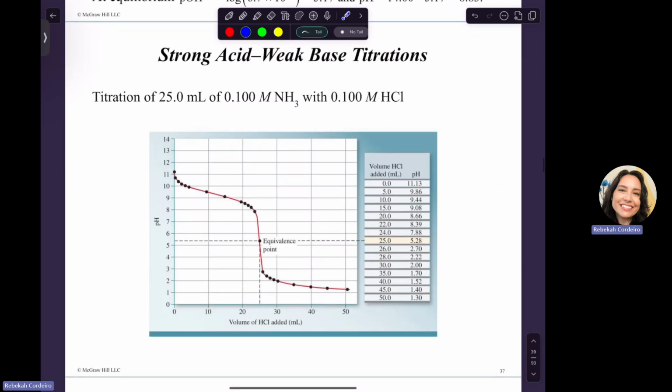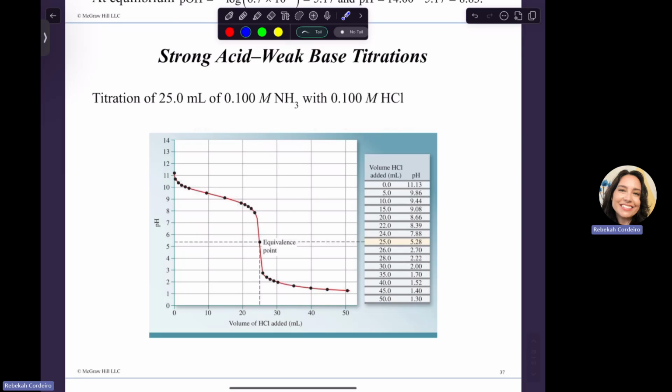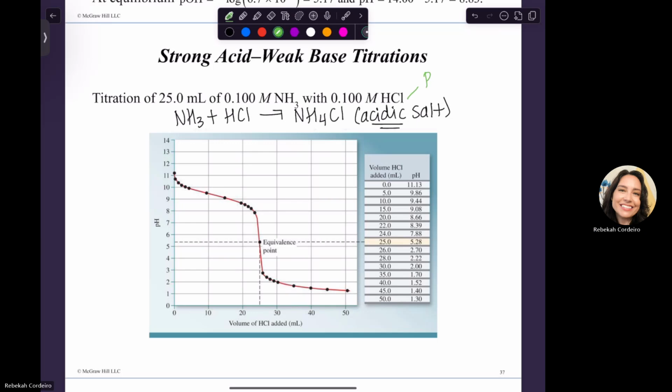You can also do strong acid, weak base. You can imagine that when we do a strong acid, weak base, so we would have NH3, for example, plus HCl, we're going to make NH4Cl, which is an acidic salt. So our pH at equivalence would be lower than 7, because this is an acidic salt that we make when we put those two together.